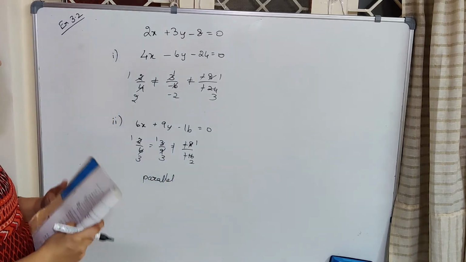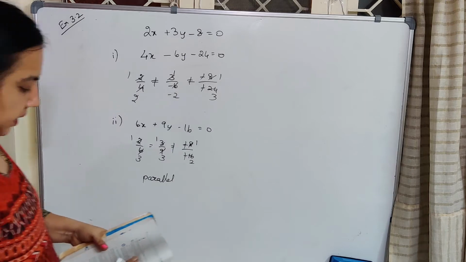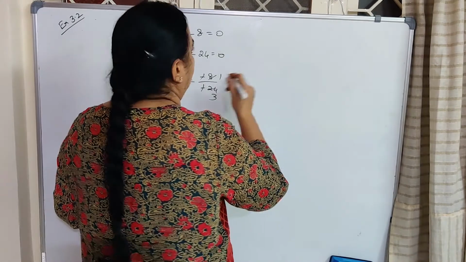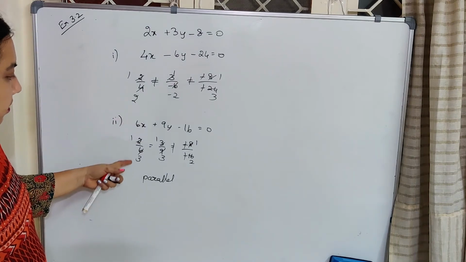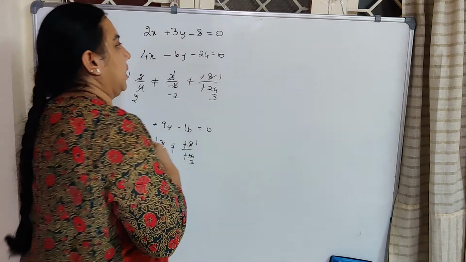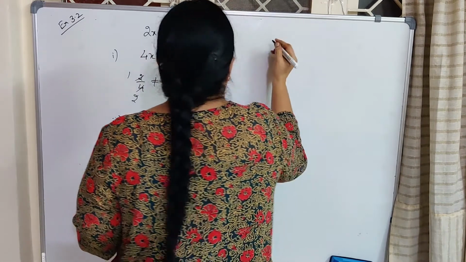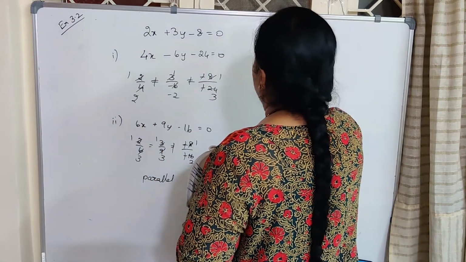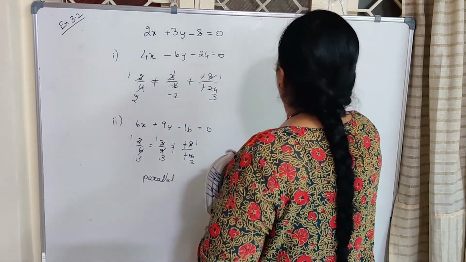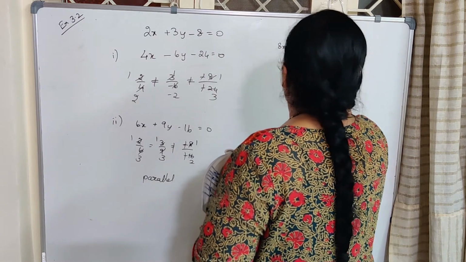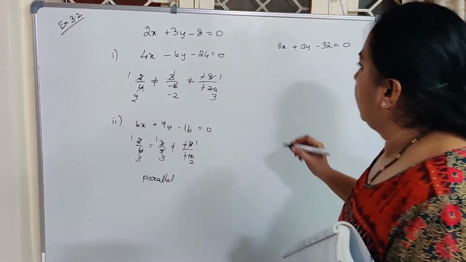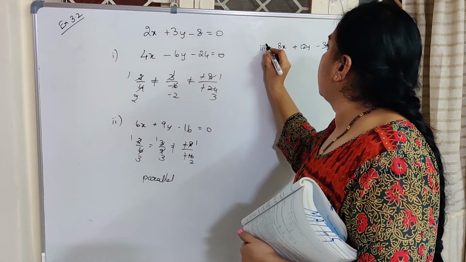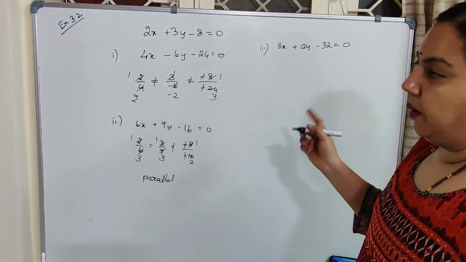Okay, the third question, they want coincident lines. So all the parts should be equal. I have used 2 here, 3 here, so I will use 4 there. So 2 4s are 8x, 3 4s are 12y and 8 4s are 32. This can be the third equation required, so that I get overlapping lines.